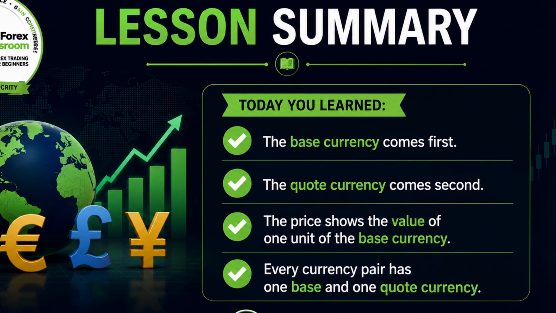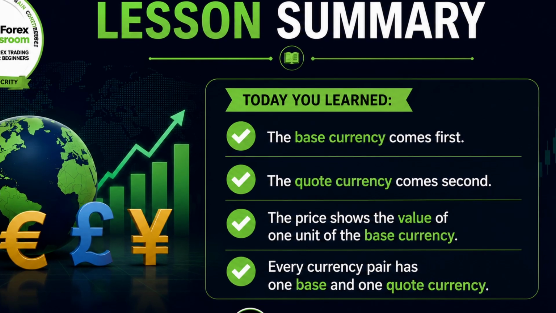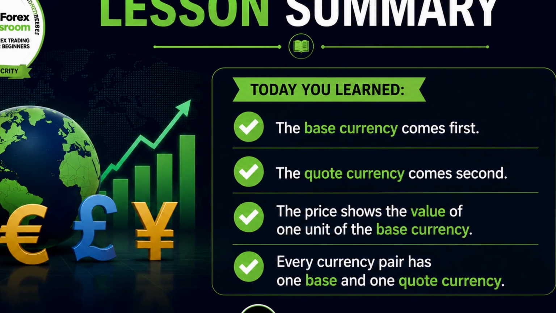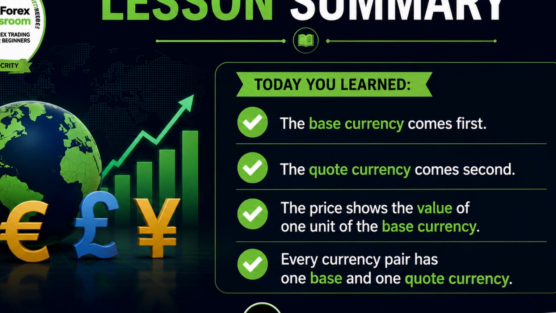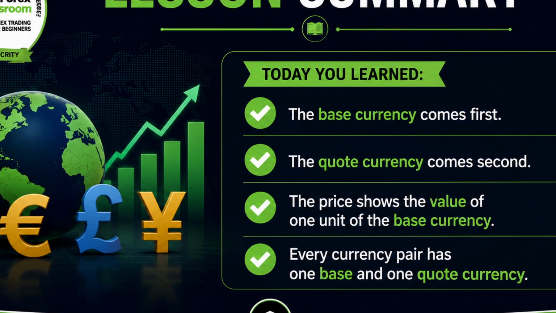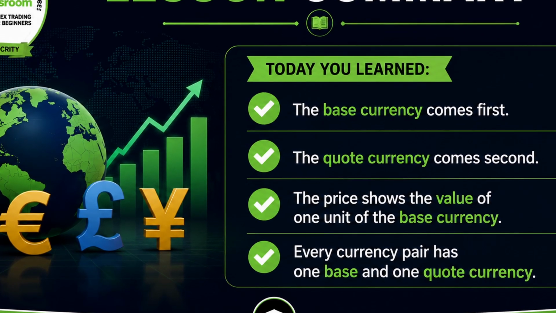You also learned that the exchange rate shows the value of 1 unit of the base currency in terms of the quote currency. Finally, do not forget that every currency pair consists of 1 base currency and 1 quote currency.